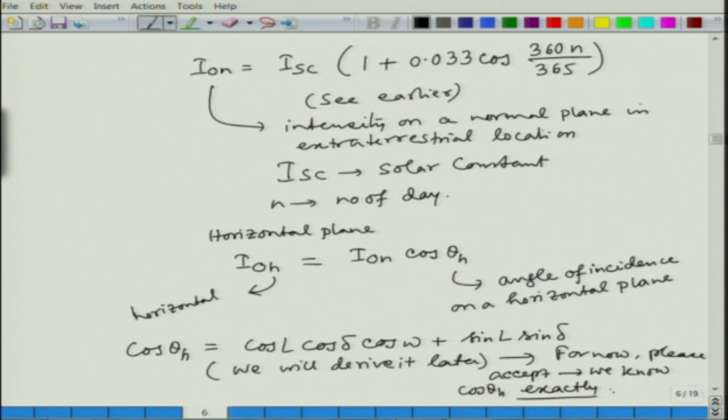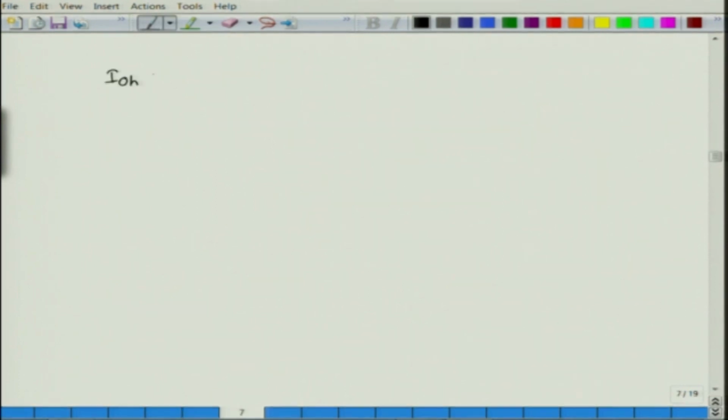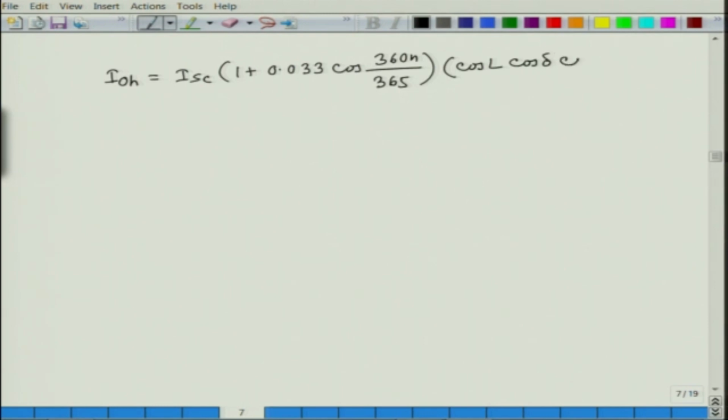Now, if that is the case, then what we can write, this IOH will now be ISC times 1 plus 0.033 cos 360 n by 365, that will be multiplied by this cos theta h.